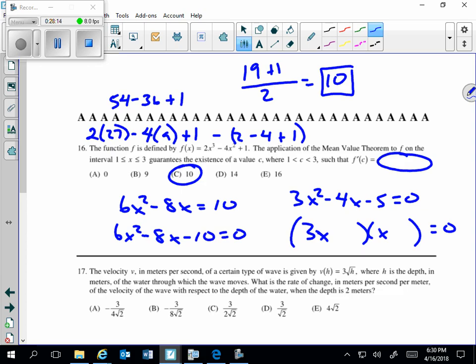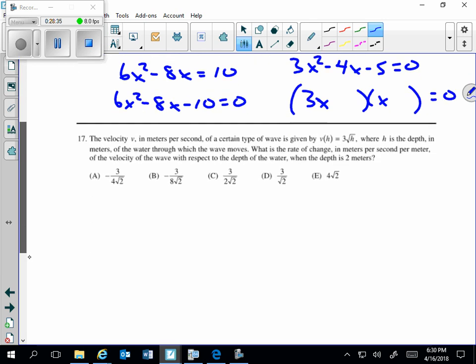We are guaranteed a value of c, but we are not asked to find that value. We're trying to find what value my derivative has to equal. What value does my instantaneous rate of change have to equal? It has to equal the average rate of change, which is what we found, 10. All right, good lesson for me also. Slow down and read the problem.